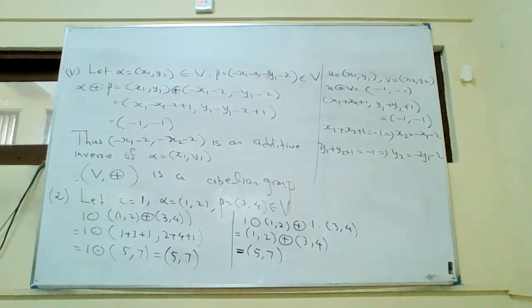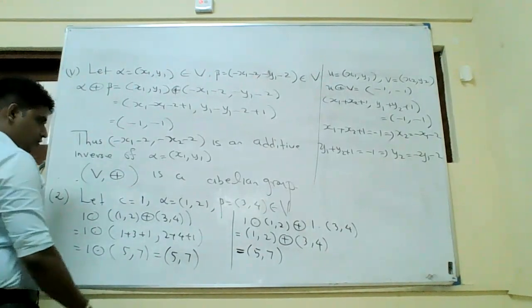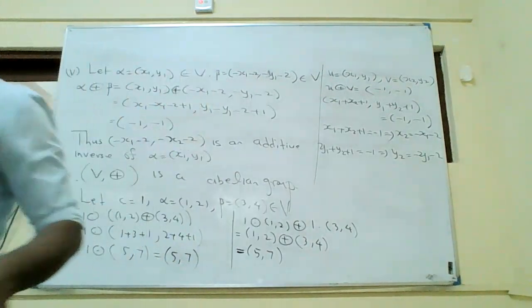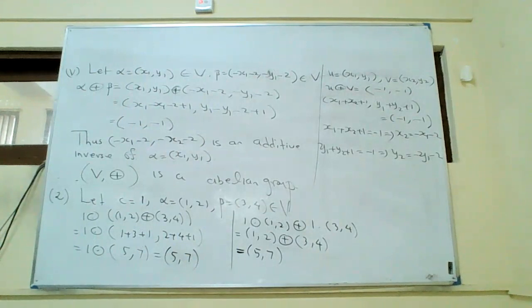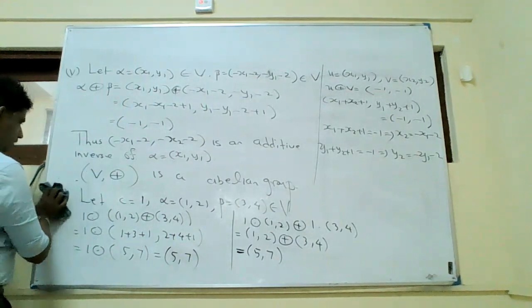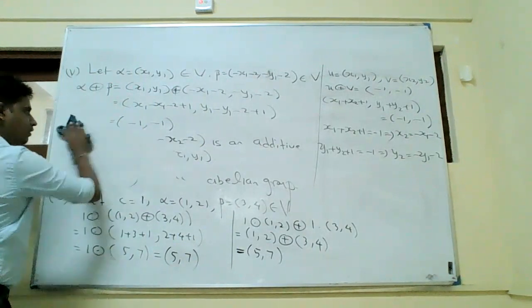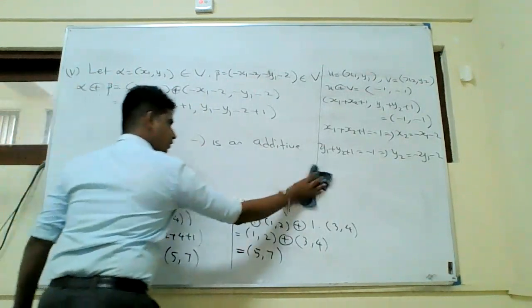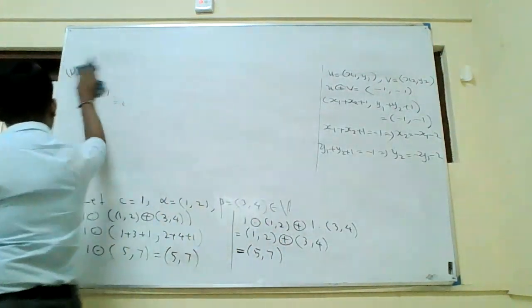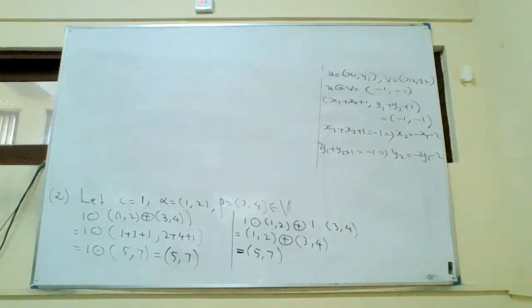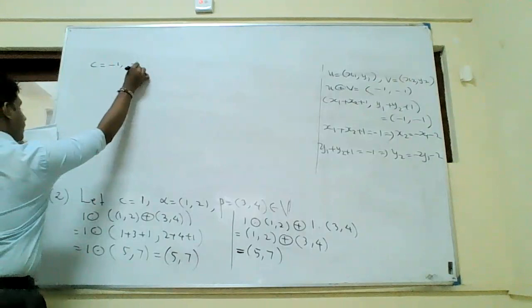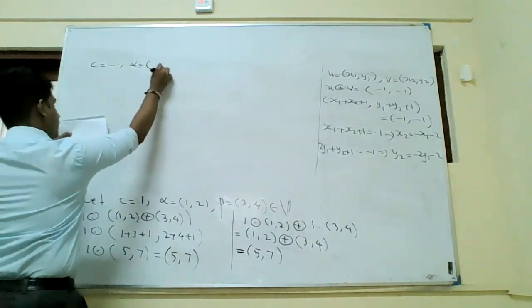I think this case is okay, but let's put minus 1 here. With plus 1 it is okay, but minus 1, because it is a real number, you can put plus or minus terms also. Put c as minus 1 there.